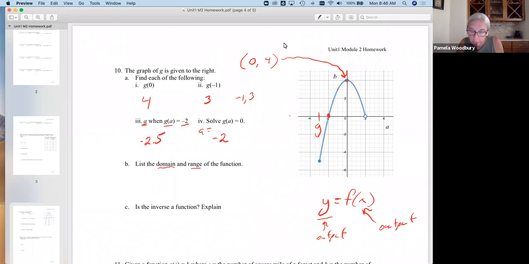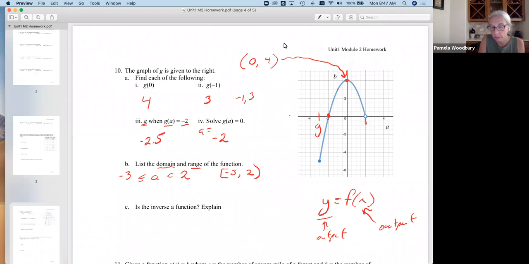And over here at a equal 2, that's the farthest to the right. So I can say that a must be between -3, and it could actually equal -3, and 2, but it can't actually equal 2, because remember, that's a hole there.